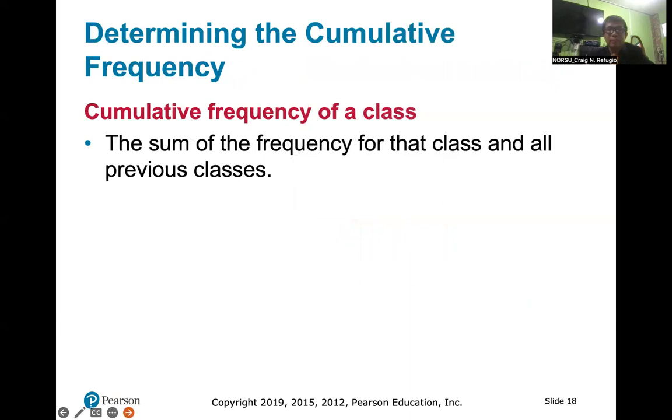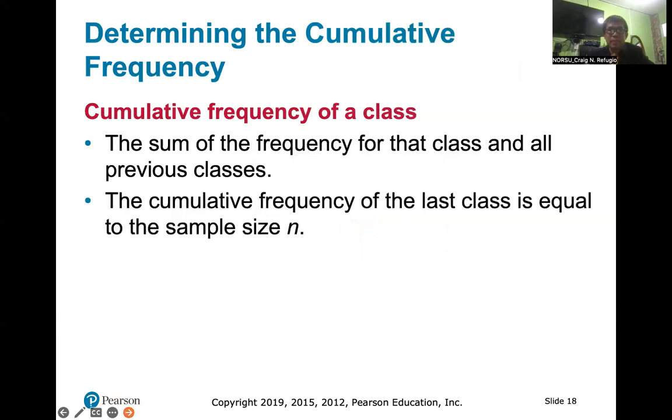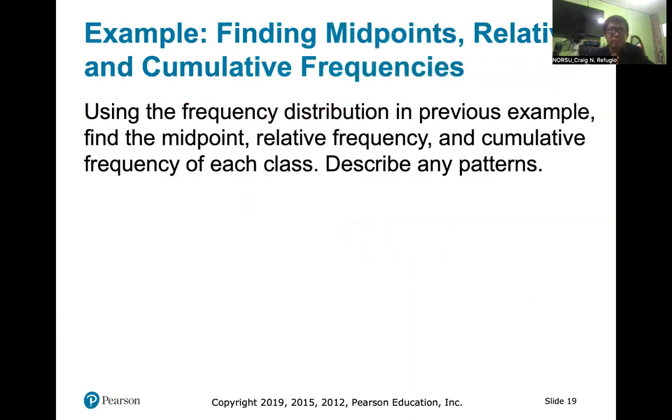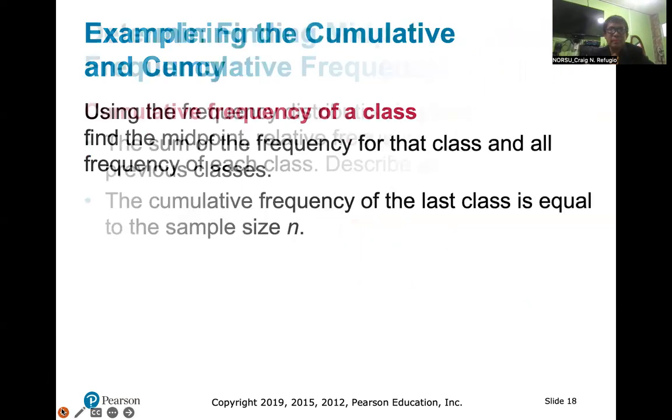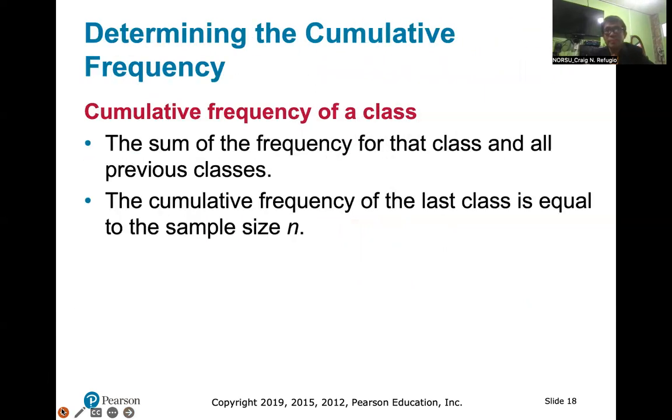Then the cumulative frequency of a class is the sum of the frequency for that class and all previous classes. The cumulative frequency of the last class is equal to the sample size, small letter n, or the total of the frequencies.